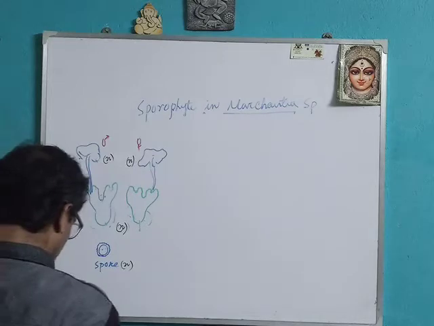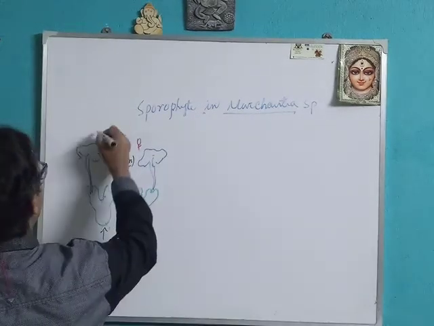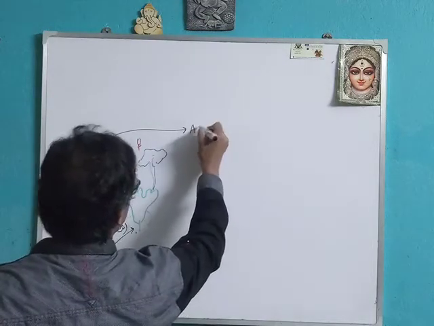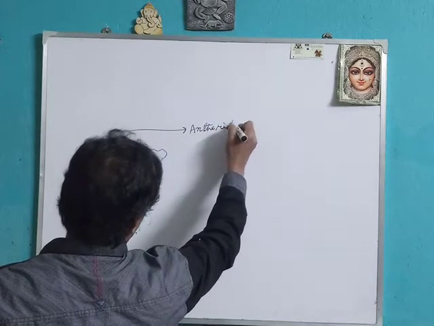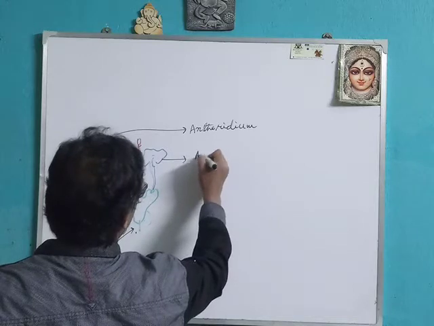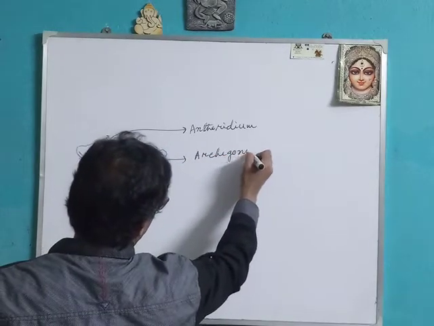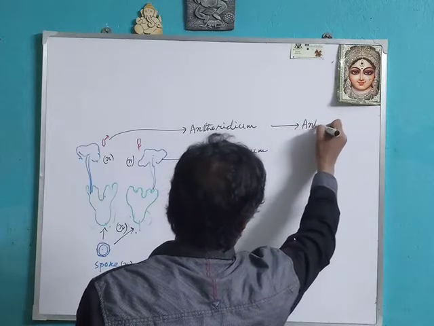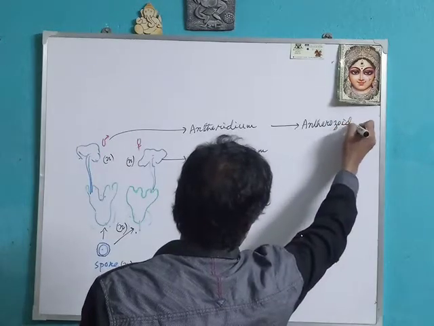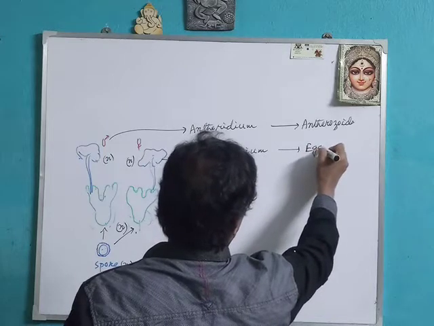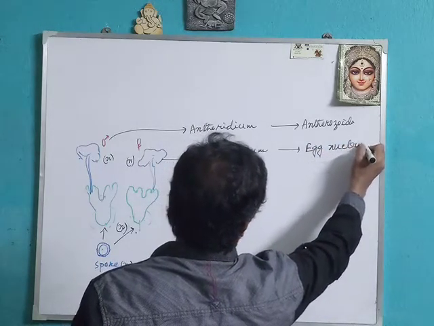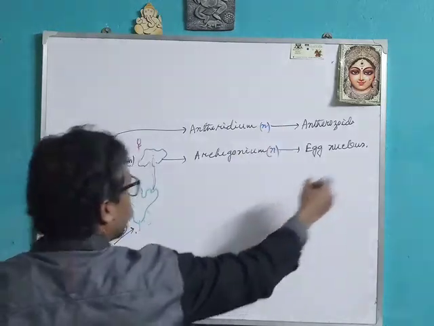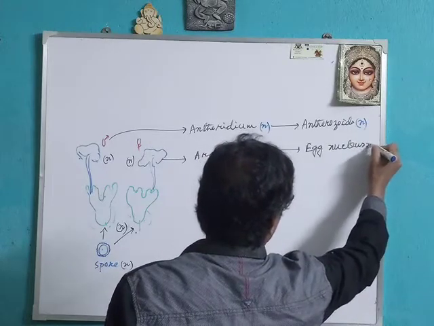So from the male plant body, the antheridium is found, and from the female plant body, the archegonium. The antheridium gives antherozoids, and the archegonium gives the egg nucleus. The antheridium is haploid, the archegonium is haploid, the antherozoids are haploid, and the egg nucleus is also haploid.